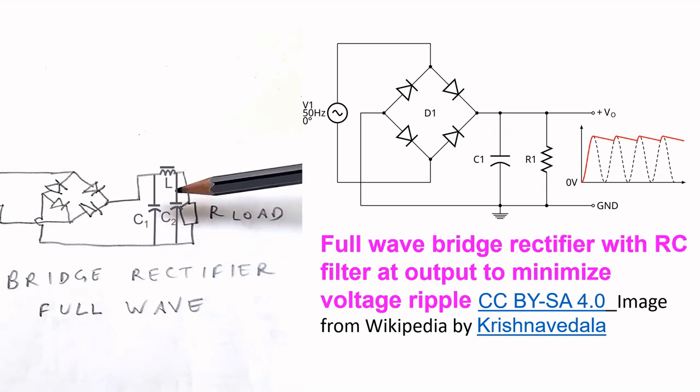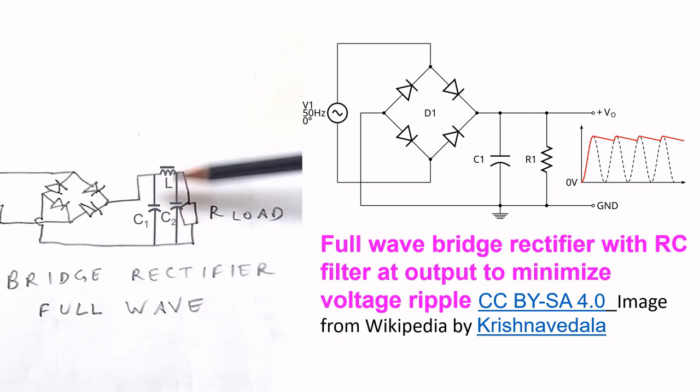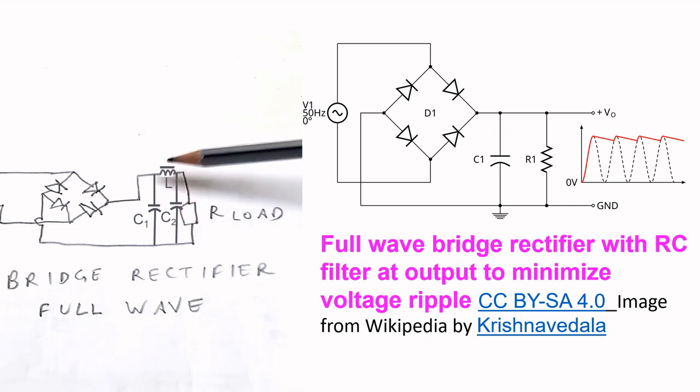If you want to smoothen it still more, an inductor can be connected in series here. Most basic rectifier circuits use only capacitors, and if you want a perfect near direct current like output, then you can use an inductor in series as well.